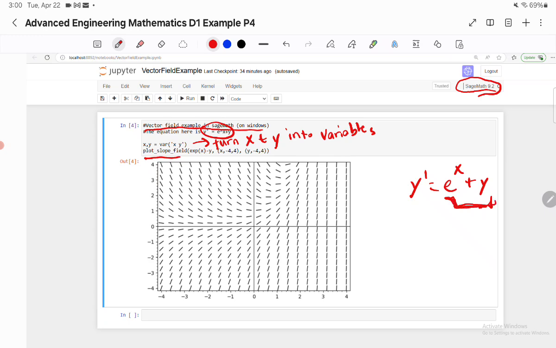So this e to the x plus y goes in the first term. The second one tells it what range to plot over x, and the third one tells it what range to plot over y.